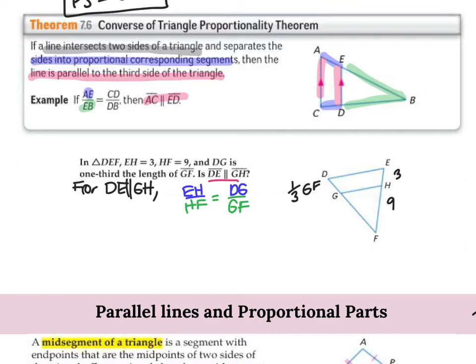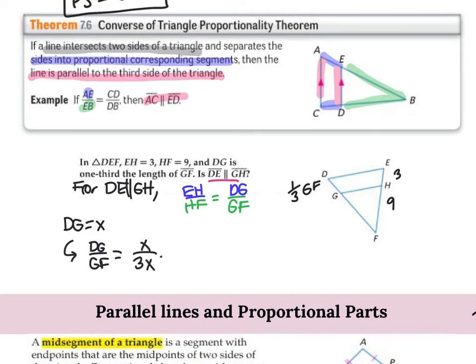So I'm going to guesstimate or label DG as X. Okay, knowing that DG is X, I can say DG over GF is X over, remember DG is 1/3 of GF. Okay, so we can call GF 3X because 3 times 1, right, would give you your portion.